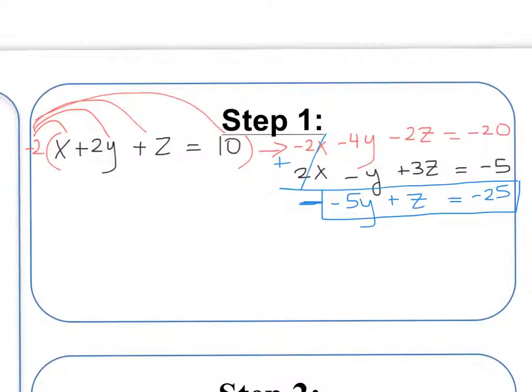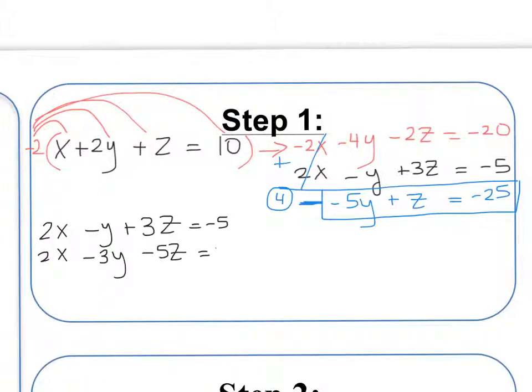I'm going to call it equation 4 so I don't get confused. Now let's go ahead and copy the second and the third equation. So 2x minus y plus 3z equals negative 5, and 2x minus 3y minus 5z equals 27.